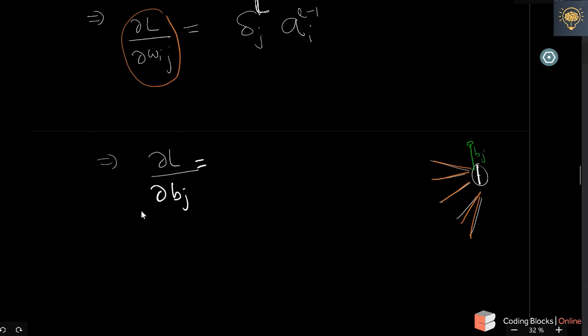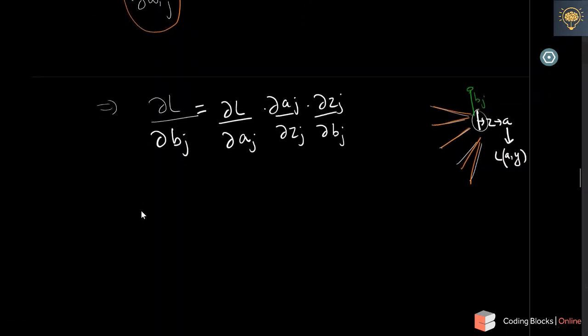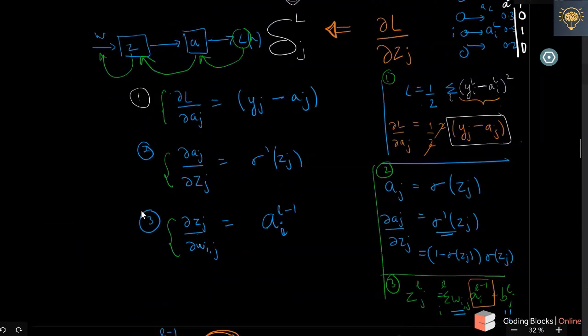So this neuron is going to produce Z, which is going through some activation, and this will be going to the loss function. So you need to figure out how the loss changes with respect to activation, how the activation changes with respect to Z, and how Z changes with respect to the bias term, the bias J. Now you can see that this term is the same as what we have written here.